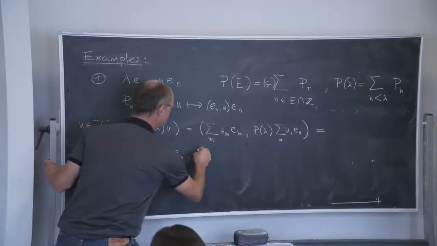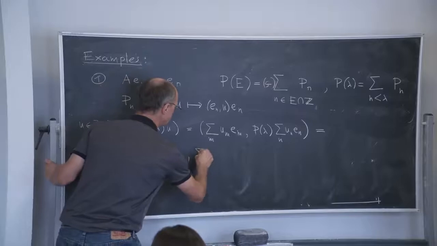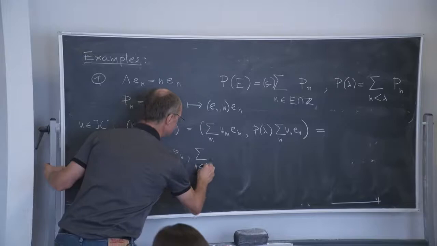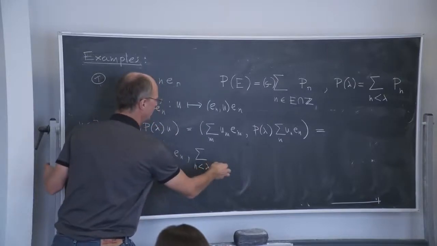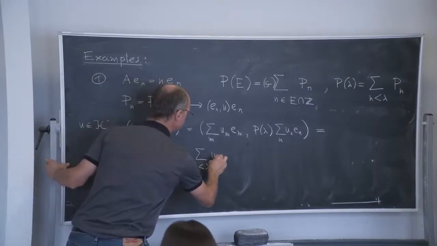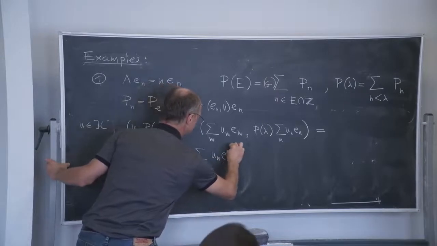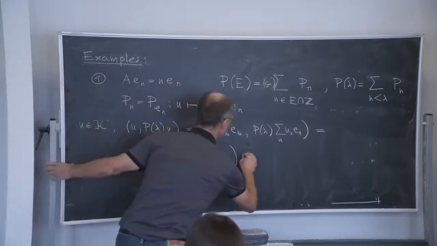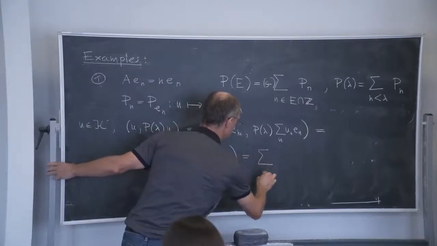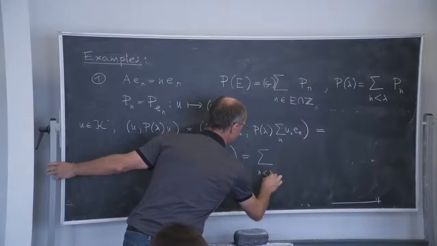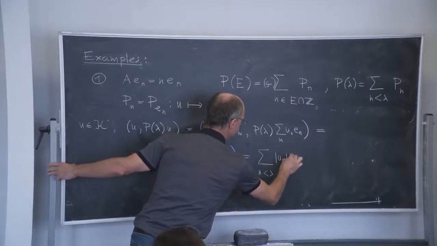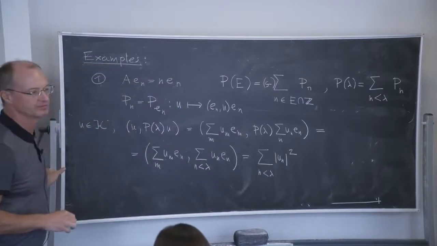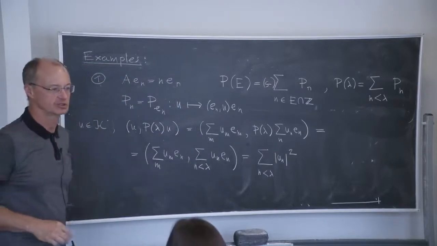So it will act by 1 on all n's smaller than lambda, and by 0 on all n's bigger than lambda. So that's this. And so this is equal to the sum over n smaller than lambda of un squared, right? So these are those functions.